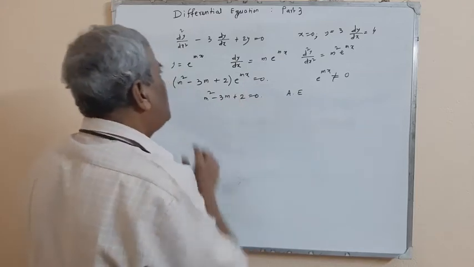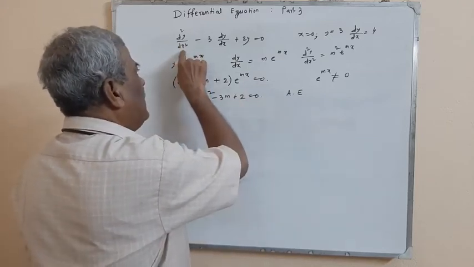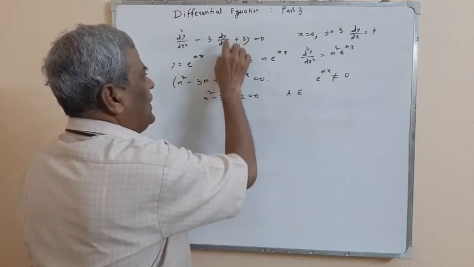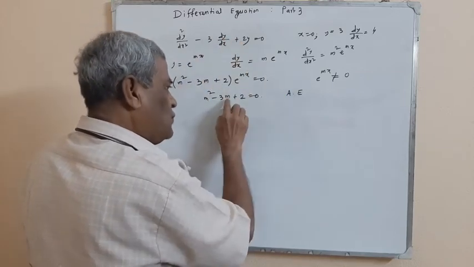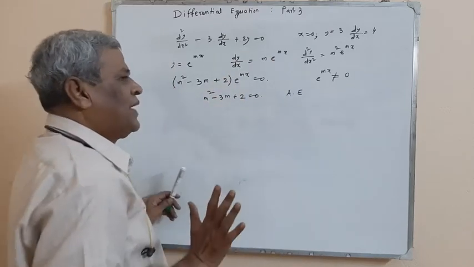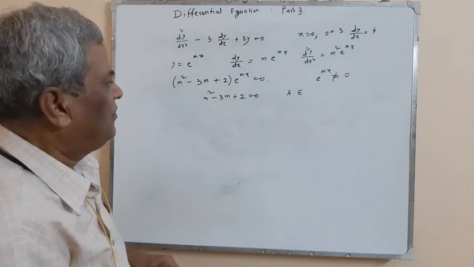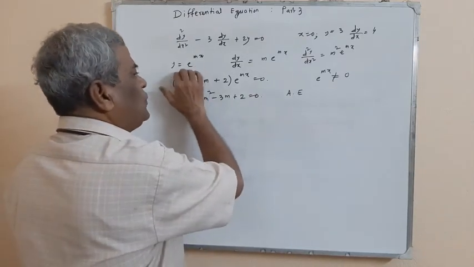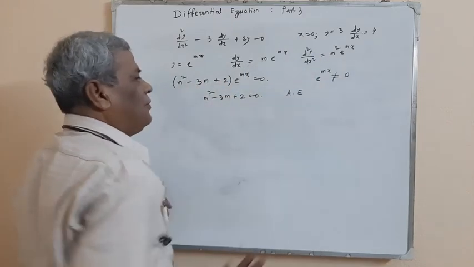The auxiliary equation is: it is second order derivative, so m square; this first order derivative is simply m; plus 2, equal to 0. It can be obtained directly without calculating all this.